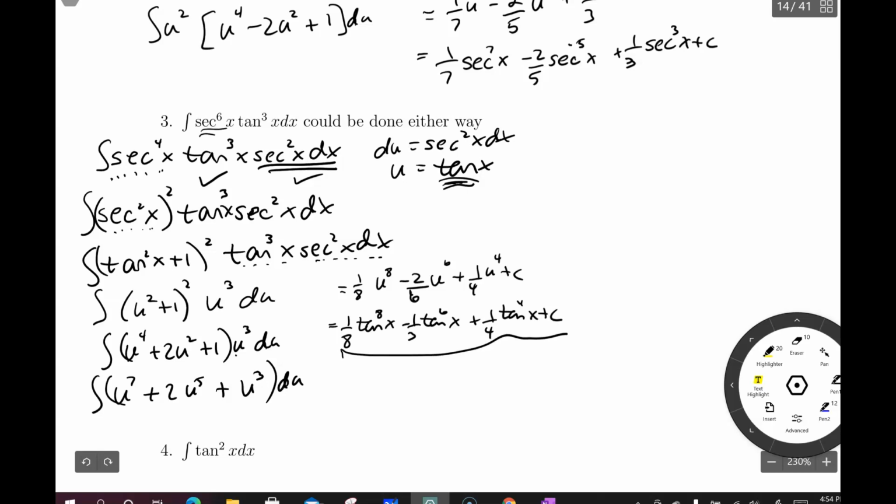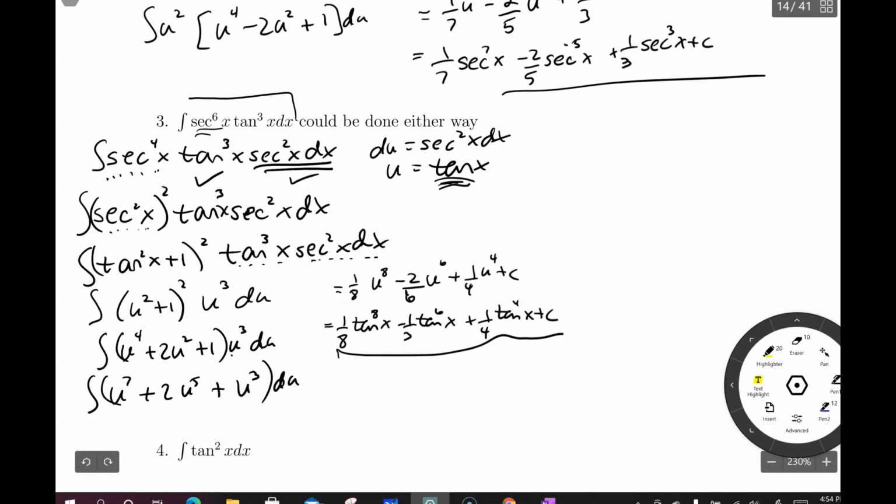Okay, let's do it the other way. Meaning, if I take this problem and instead of making my du this, I said let's take and make secant to the fifth tangent squared and have a secant x tangent x off to the side, right?